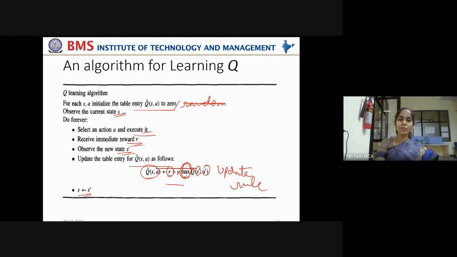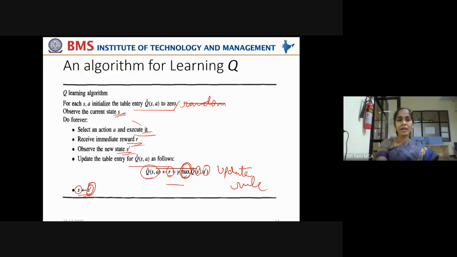Finally, what you have to do? Update the state S with the new state S dash. Because from S dash, again it has to move to S double dash, and again to S triple dash. Right? So each time the new state should replace the existing state so that it carries on.